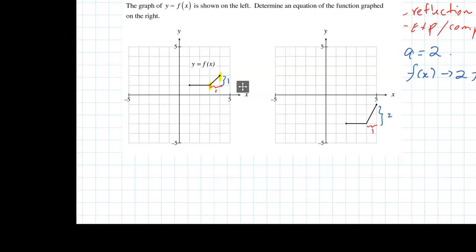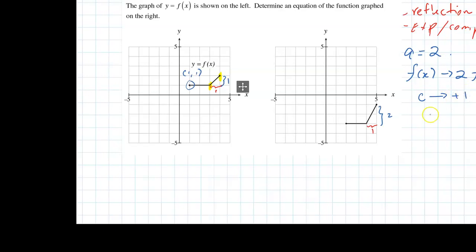So that's the first thing. The next thing is what is happening to these coordinates. Choose one of them. Look at this one right here. That's 1, 1, and it seems that it has moved to 2. So that tells me that c has to be positive. In this case c is positive 1.